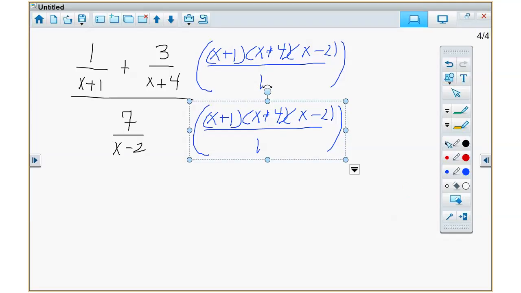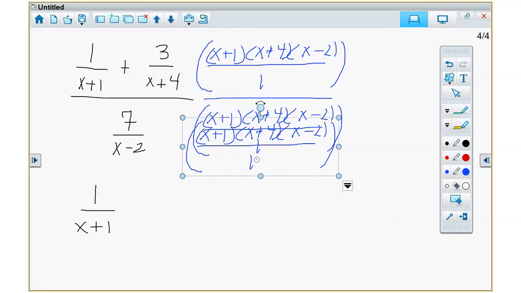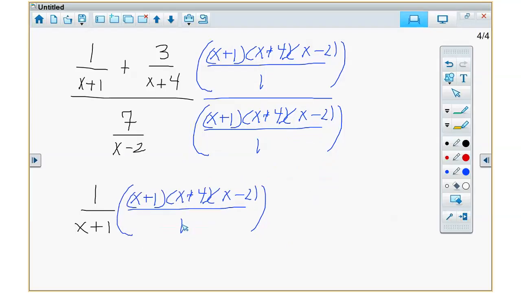Okay, so I'm going to put a baby step in there. So I'm going to rewrite my black parts. I'm going to rewrite them 1 over x plus 1. I'm going to leave a big space here so I can put this thing right there.